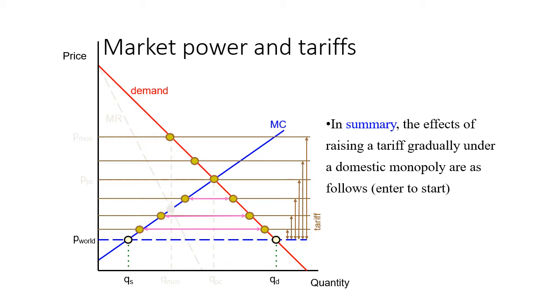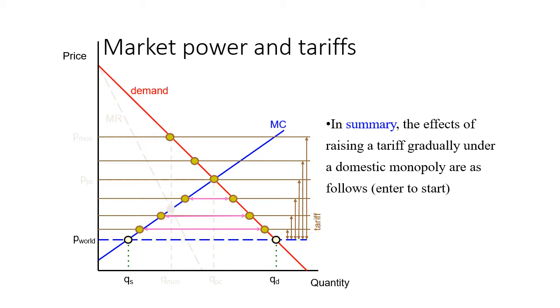Okay. But remember that the largest brown arrow, or tariff, is the most the tariff can put in place. Anything larger than that is going to lead to a loss of profitability. So in a sense, what the arrows and the increasing tariffs are showing is that gradually raising a tariff allows a domestic monopoly to follow its normal pricing regime.